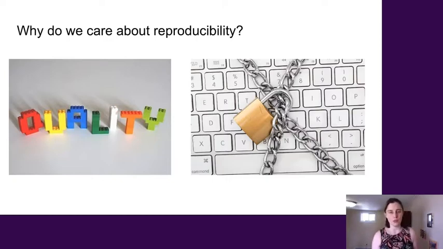Efforts to increase reproducibility necessarily involve more transparency, more data sharing, more access to proprietary materials, and as a result, that diversifies the pool of individuals who can be meaningfully involved in our science and who can meaningfully understand our science without some kind of secret mentor interpreter who can tell you the secret sauce that created the scientific finding you're interested in. So I see reproducibility efforts as being absolutely central to creating a more inclusive and diverse science.